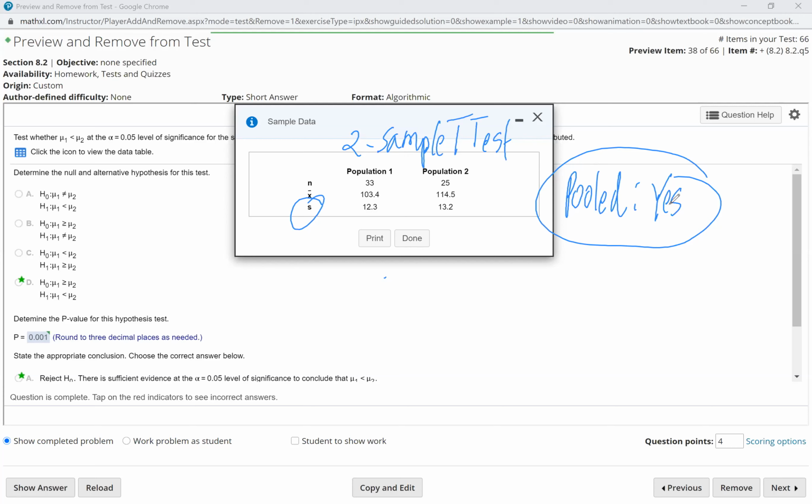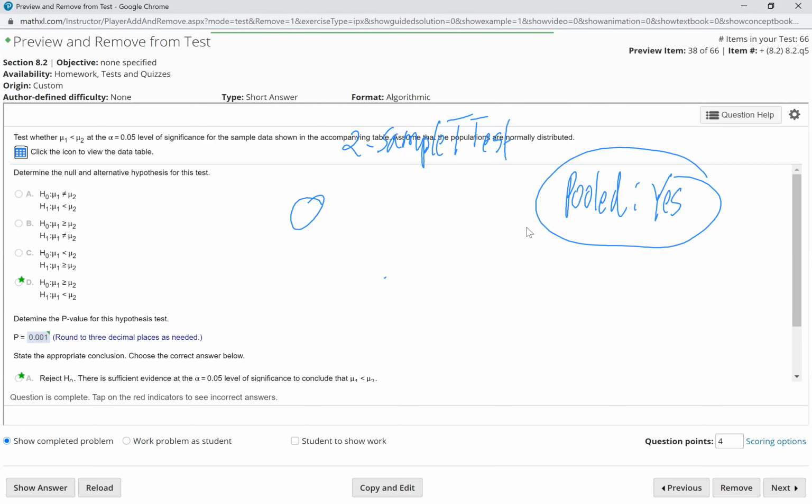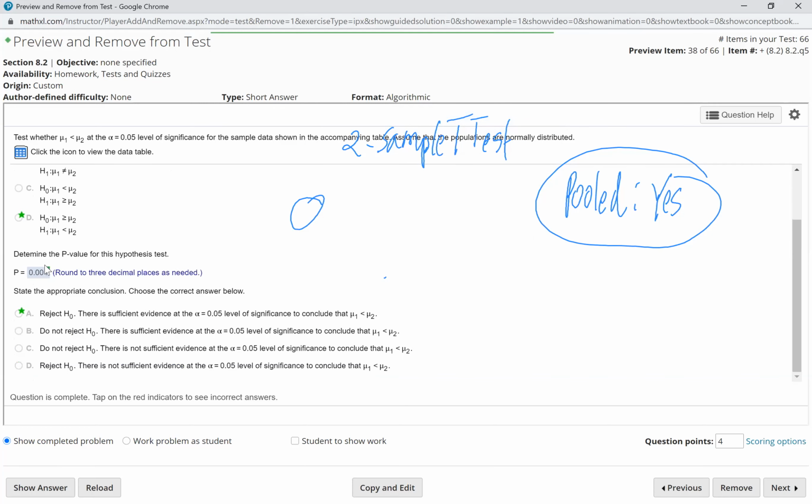So here you use a two-sample t-test, you enter n1, x1 bar, s1, n2, x2 bar, s2, and then you choose the alternative hypothesis, and then pooled yes or no, and then you execute the test. And let me walk you through the steps. You get, he didn't ask you for t here, just for the p-value. So this is the p-value, and then it's less than alpha, reject H0, and support the claim.